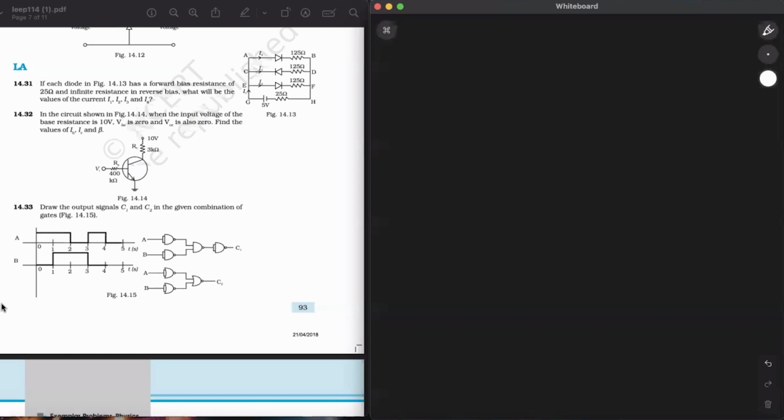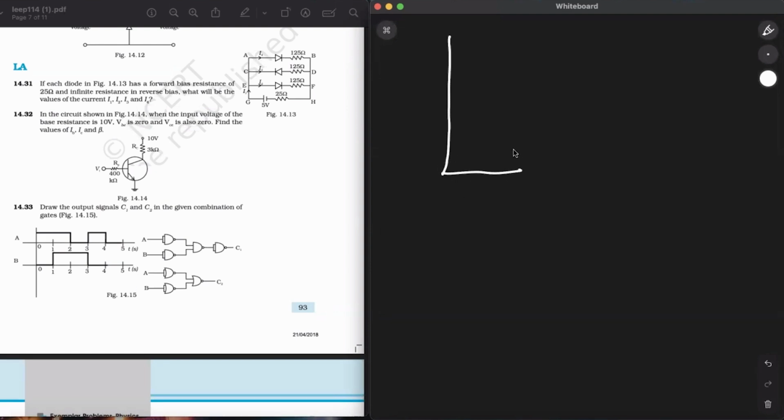So it is a simple question. Only the branch CD is having a reverse bias condition. So current in that branch will be 0. I3 will be 0. I'll draw it over here and then I'll mark the currents.